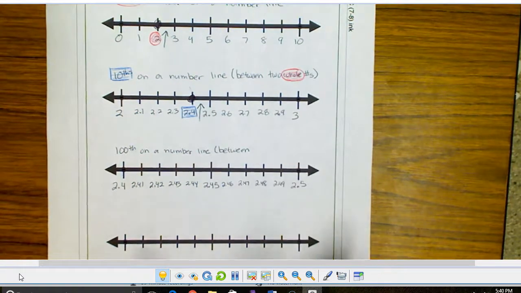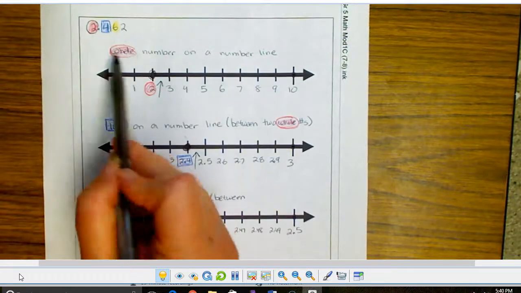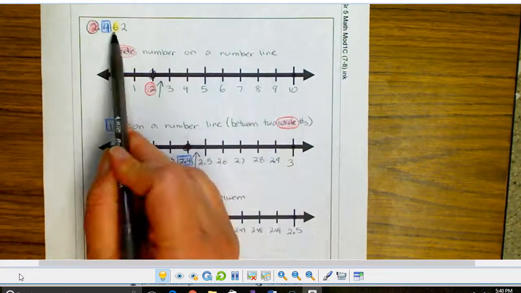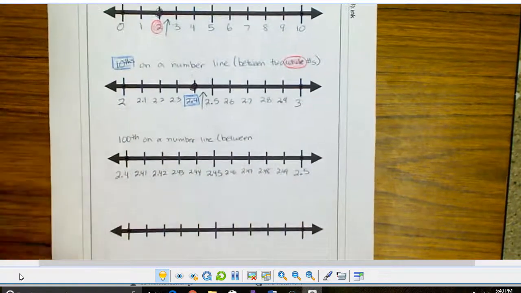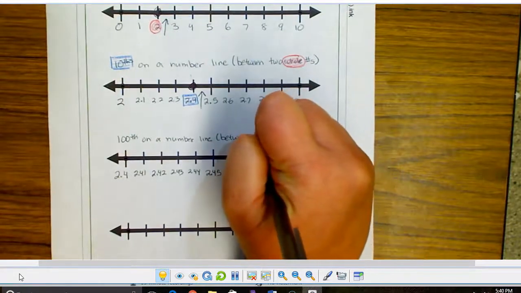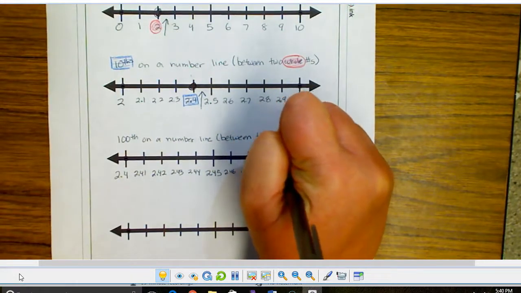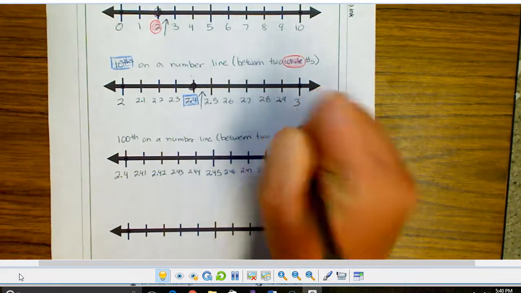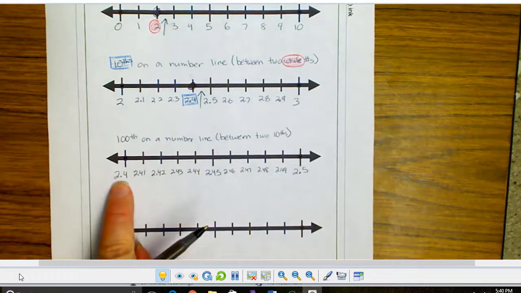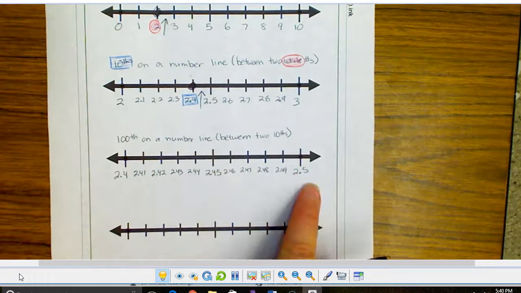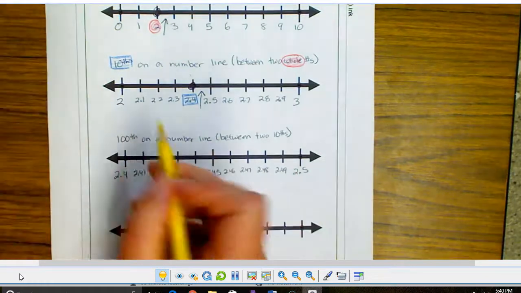Okay, so remember, we're trying to place 2 and 46 hundredths, right? Where did hundredths come? They came between 2 tenths. Which 2 tenths? In our case, our number is somewhere between 2 and 4 tenths and 2 and 5 tenths.